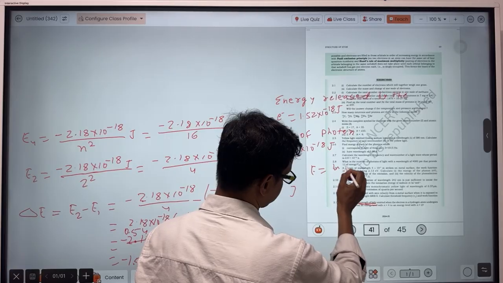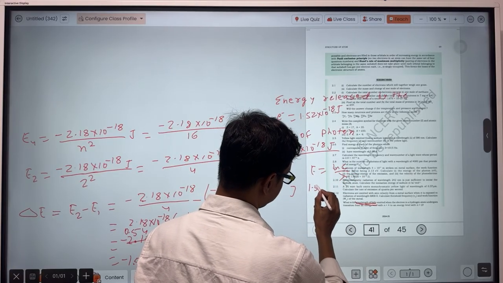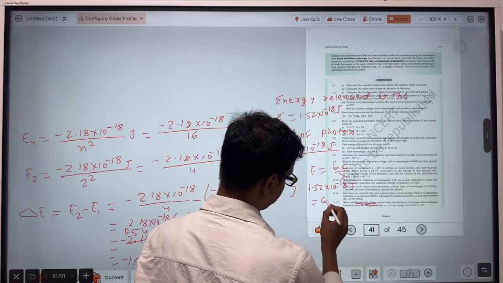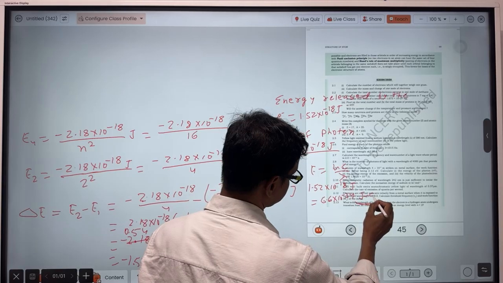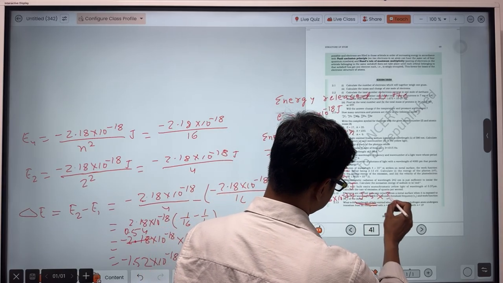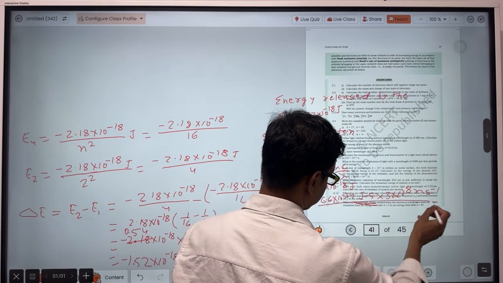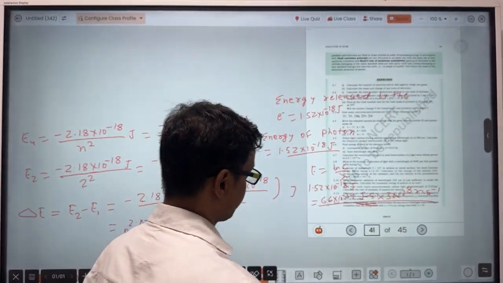The energy of the photon is 1.52 into 10 to the power minus 18 joule. That equals h, 6.6 into 10 to the power minus 34 joule second, times the velocity of light, 3 into 10 to the power 8 meter per second, upon lambda.